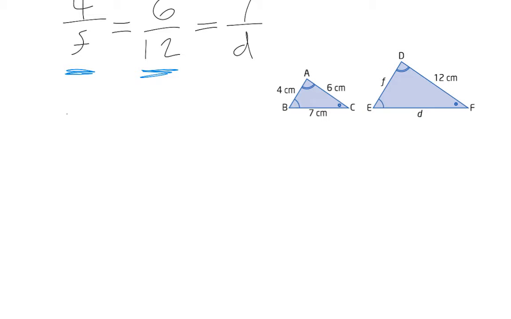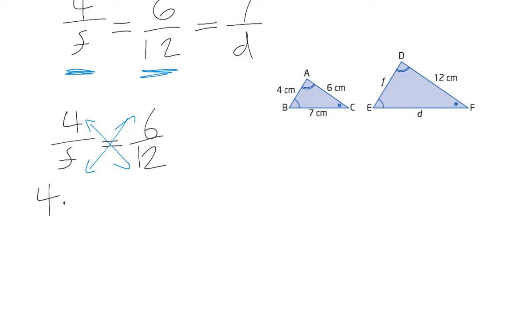I'm going to rewrite 4 over f equals 6 over 12. Now, different people might want to solve this in different ways. I'm going to do this method where I'm going to cross multiply. So that is 4 multiplied by 12 is equal to f multiplied by 6. That simplifies to 48 equals 6f.